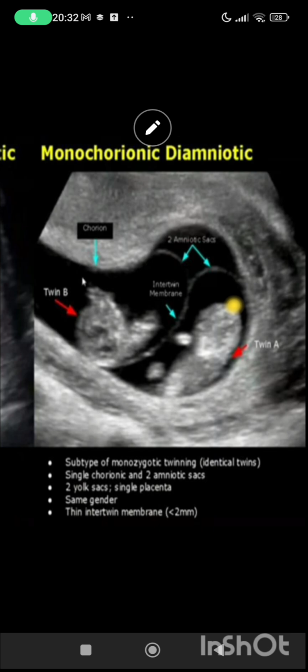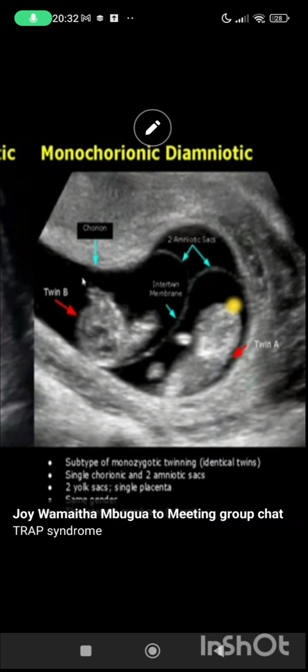So common complications, examples, anyone? Names of common complications of twin pregnancy? Twin transfusion syndrome, TTS. Okay, and TRAP, twin reversed arterial perfusion sequence.